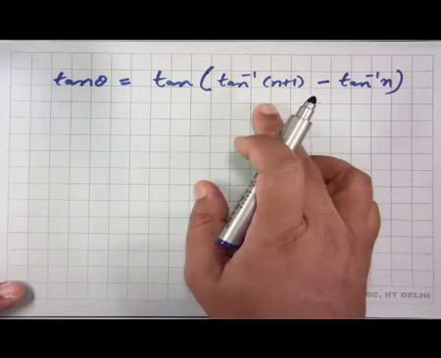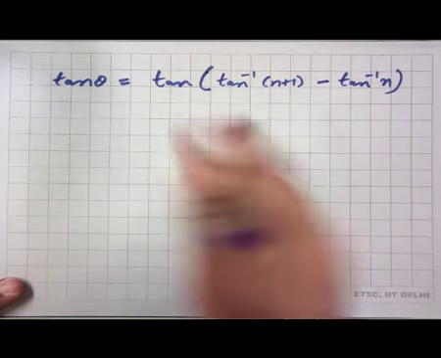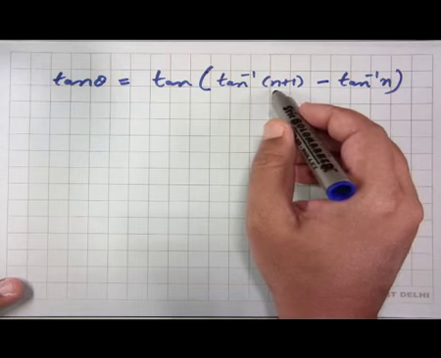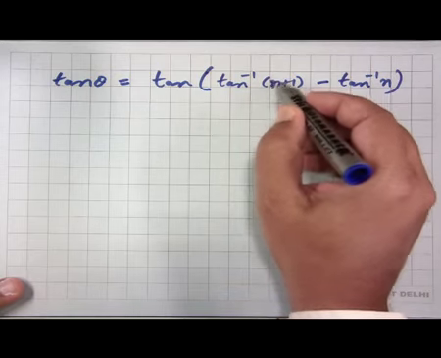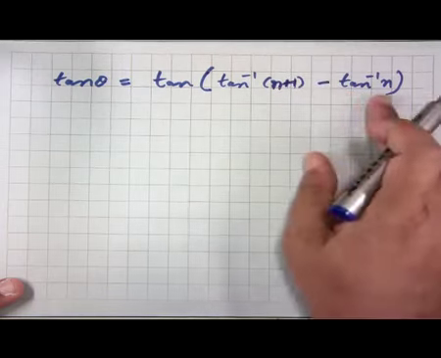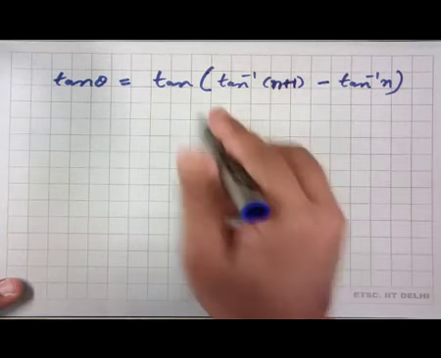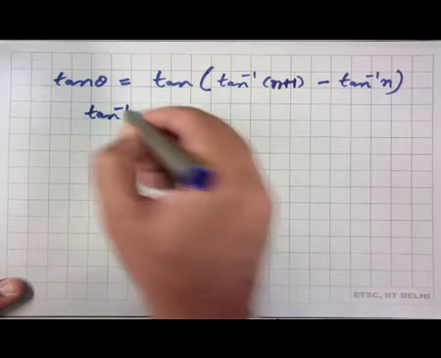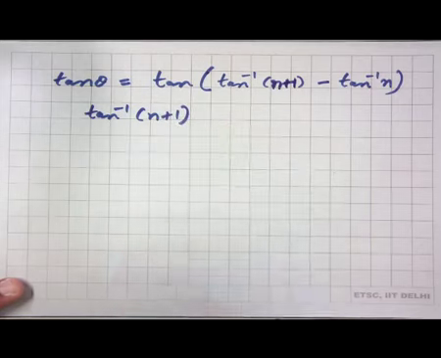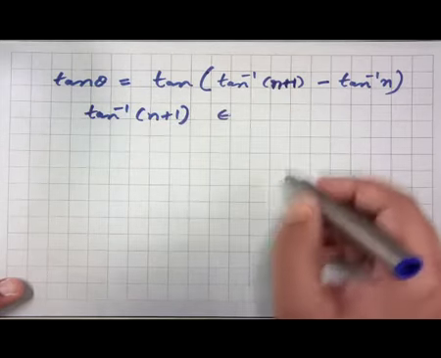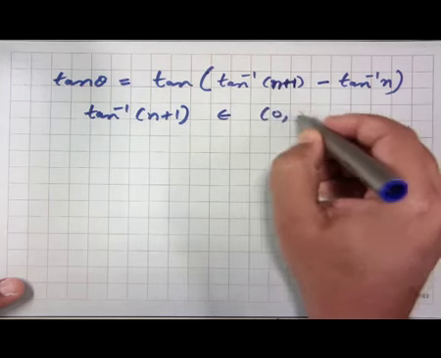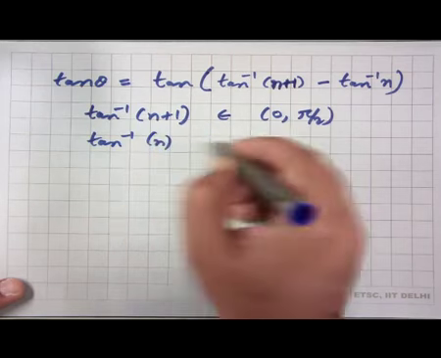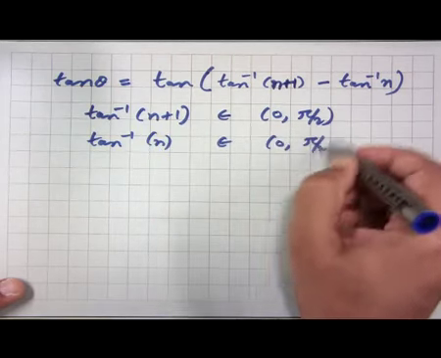Further, we also know that because these n are natural numbers, n and n plus 1 are greater than 0. Therefore, tan inverse of n plus 1 must belong to the interval 0 to pi by 2, and similarly tan inverse of n must also belong to the interval 0 to pi by 2.